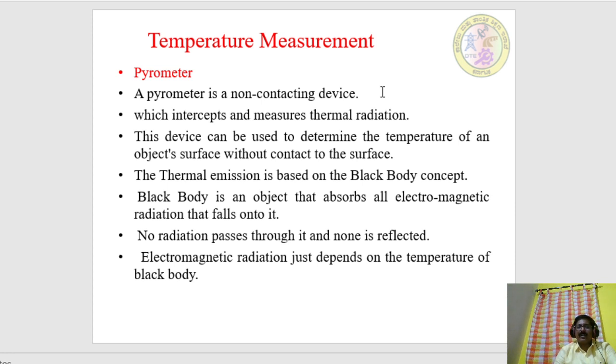The well-known black body is an object that absorbs all electromagnetic radiation that falls onto it, and no radiation passes through it, and none is reflected. Electromagnetic radiation just depends on the temperature of the black body.